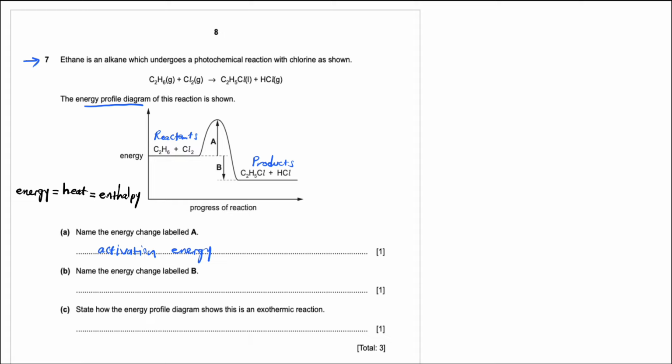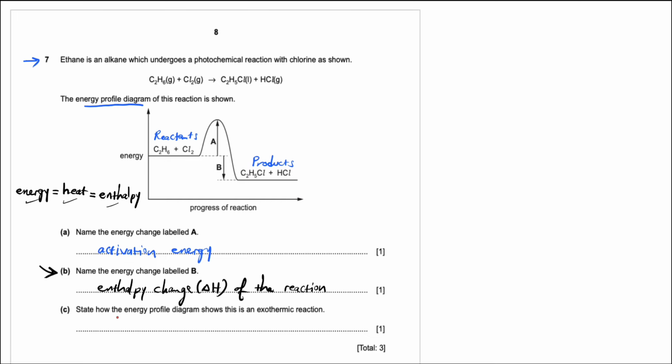Actually, there is a very slight scientific difference between them, but for your level, you may consider all of them to be the same. So that's why in question B, you may say enthalpy change, you may say energy change, you may say heat change of the reaction. So I'm just going to pick enthalpy. So enthalpy change, which is delta H of the reaction.